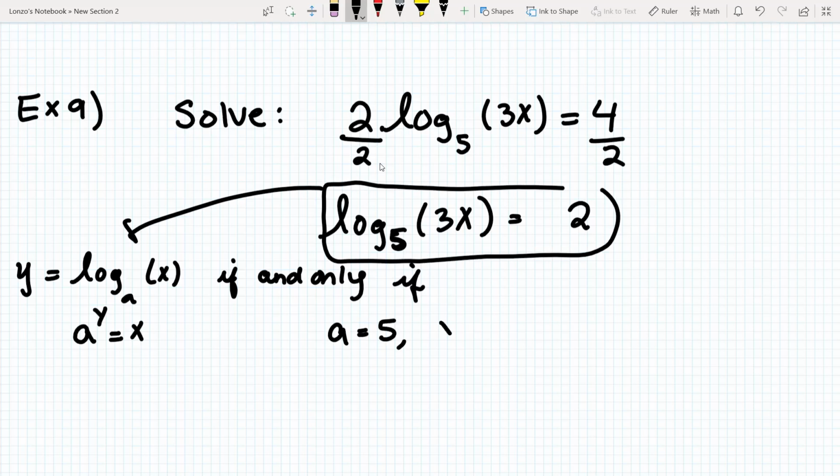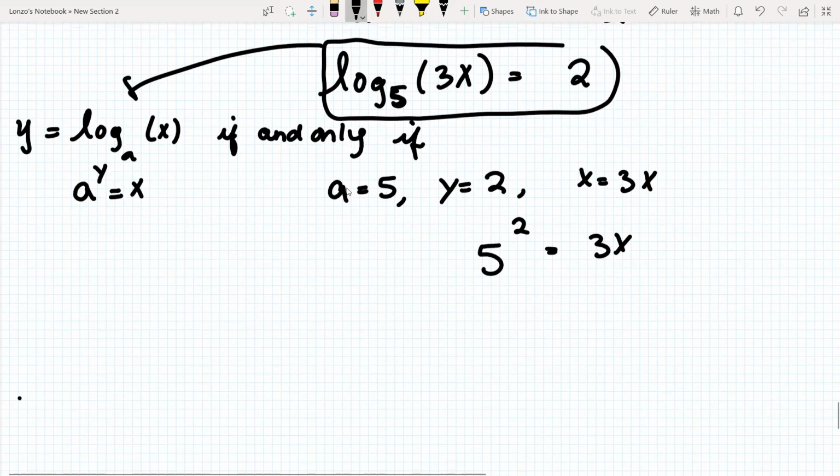My y is always the number on the other side of the equal sign. In our case, our y will be 2. And then our x is the one in the parentheses, so our x is just 3x. So it's going to be a to the y equals x. So our base is 5, my y is 2, and my x is 3x, right?